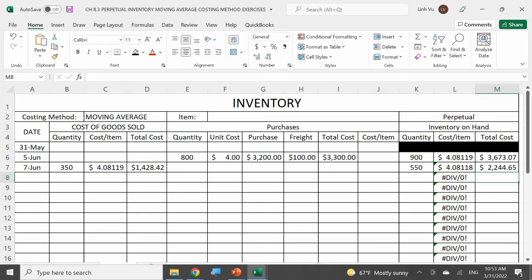Good. And because I already did the average cost, you should be at 4.08118.